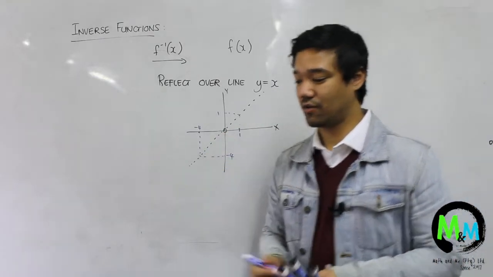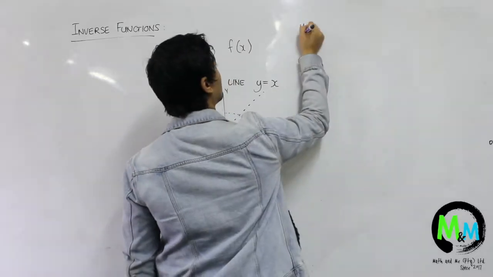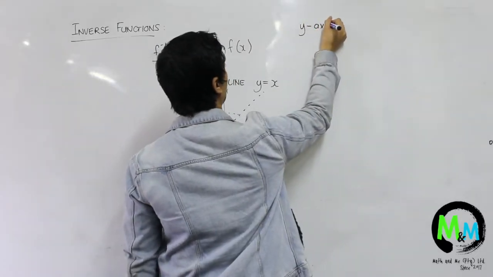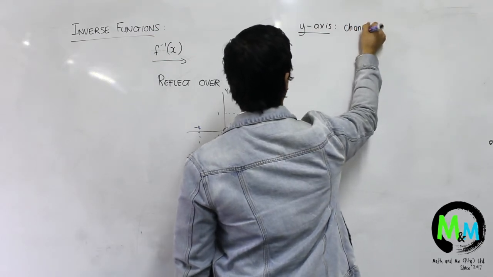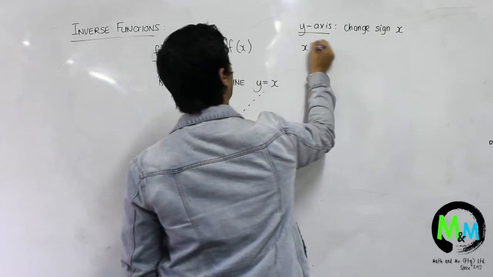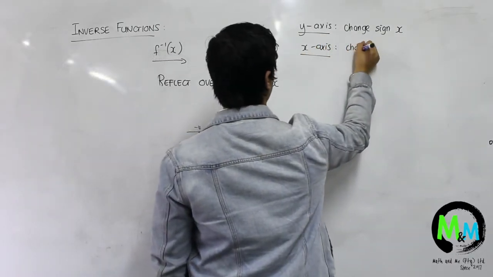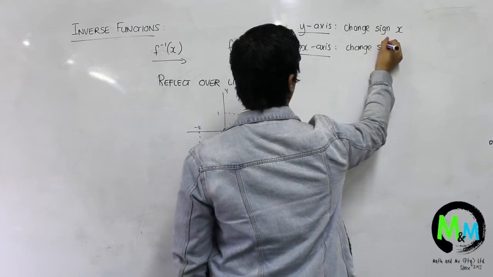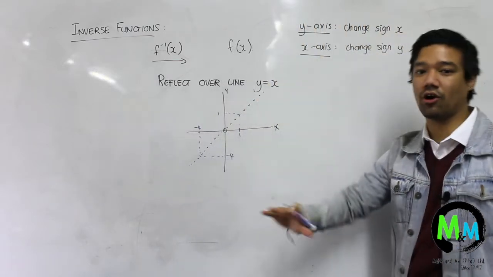We know from grade 10 and grade 11 that for other reflections, for example over the y-axis, all we do is change the sign of x, and when I reflect over the x-axis, we change the sign of y. Those are 2 reflections we are familiar with.